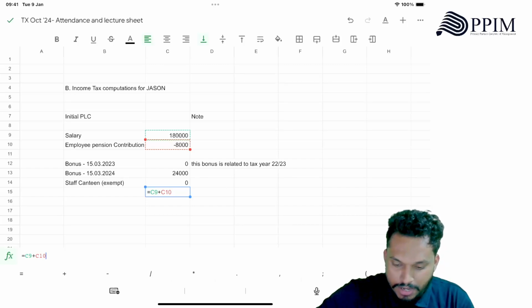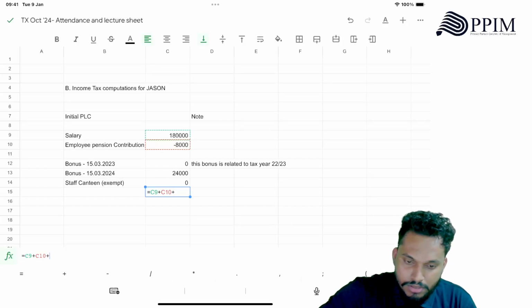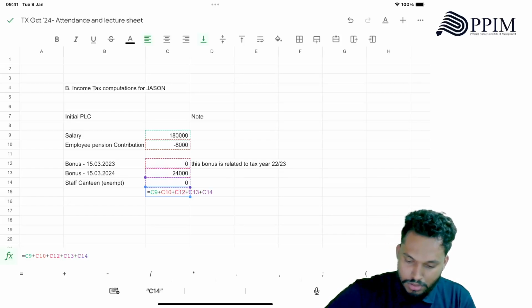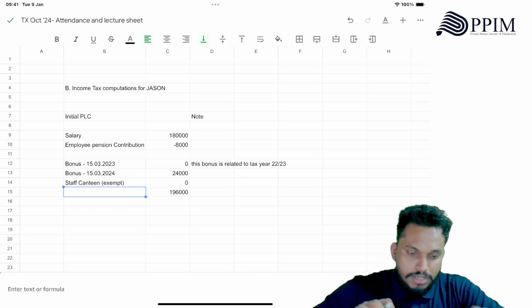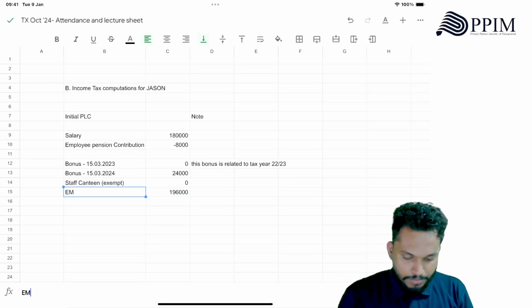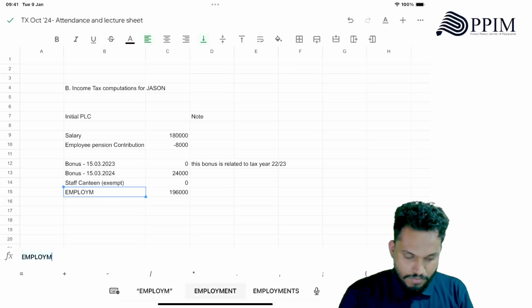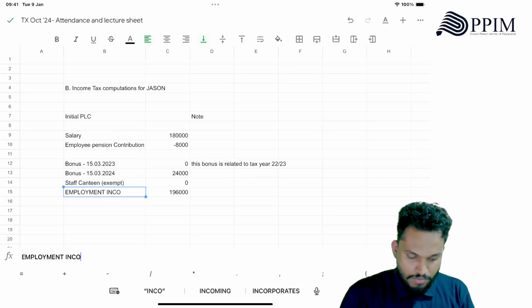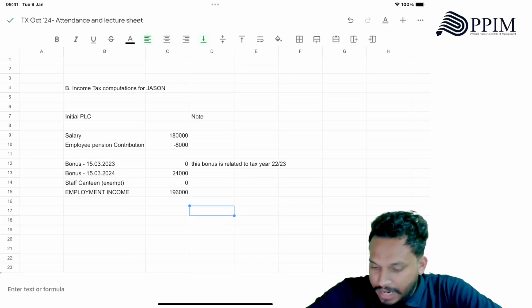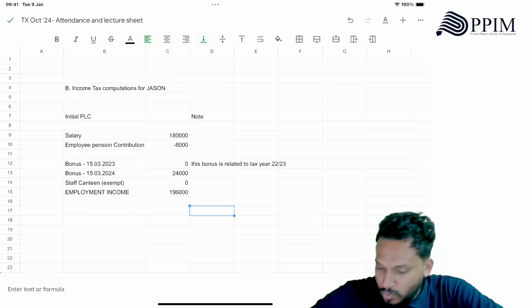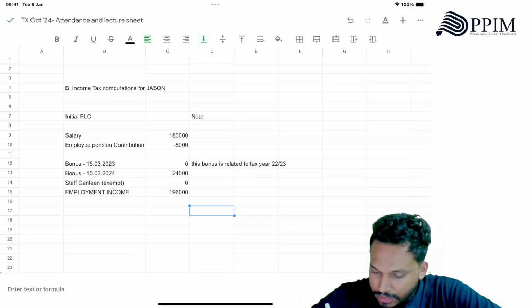It's not going to take time. Plus this, plus this. His employment income is going to be how much? His employment income is 196,000.